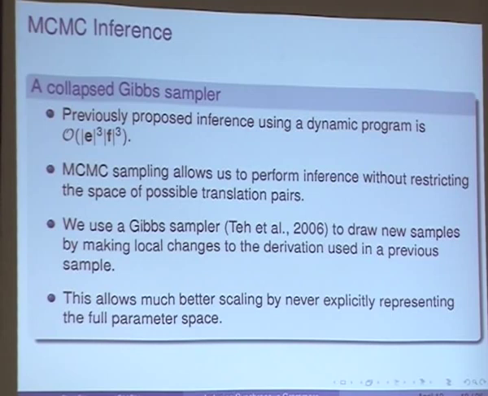If you look at previous work with inducing these sorts of grammars, they're always talking about sentences of length 10 words. But no one's really been able to do it on proper full translation corpora, more than a few thousand sentences. But by moving away from dynamic programming, we're going to use Gibbs sampling. We can actually do this on decent-sized corpora.